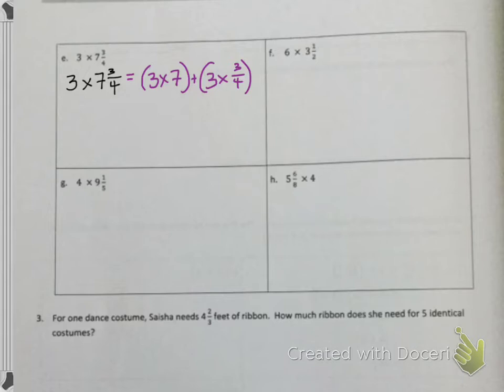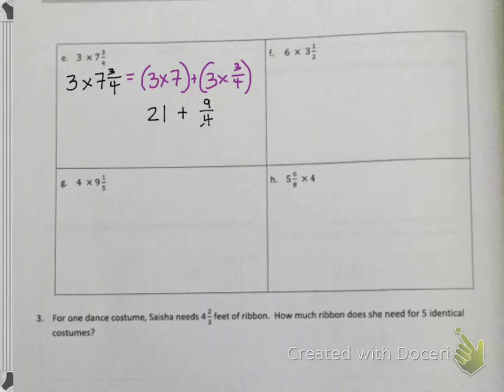I have 21. 3 times 7 is 21, plus 9/4. I am then going to want to make this 9/4 into a mixed number by doing a number bond, or you can do skip counting, or you can use division in order to find that mixed number.